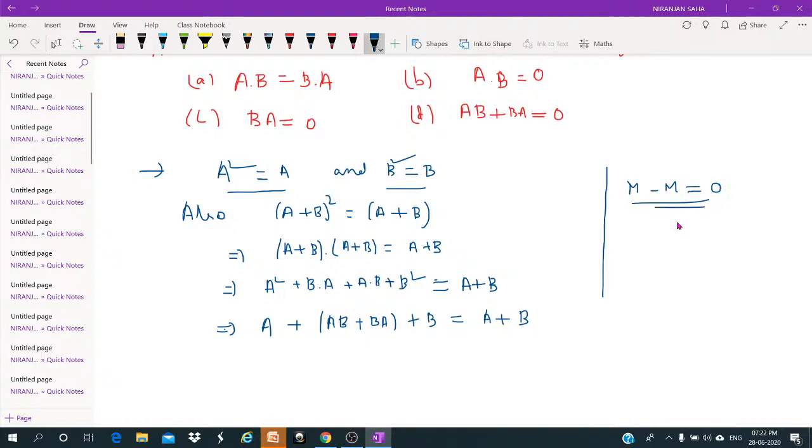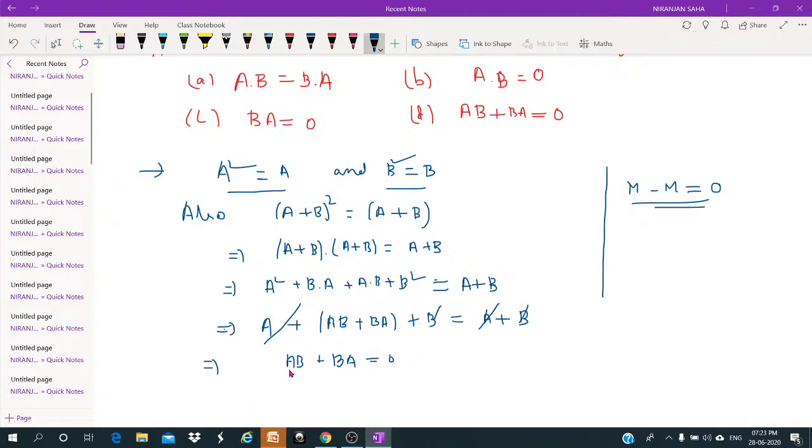So we use this here, and these terms will be omitted. So we have AB plus BA equal to 0.